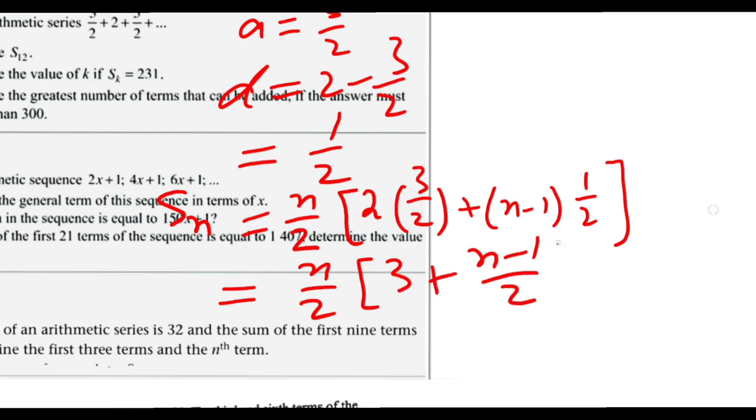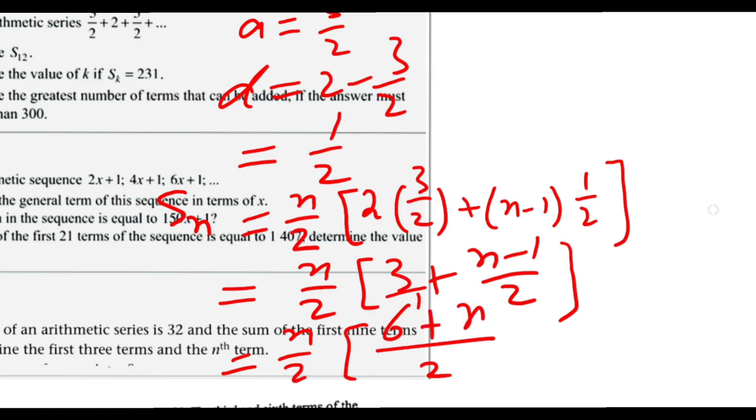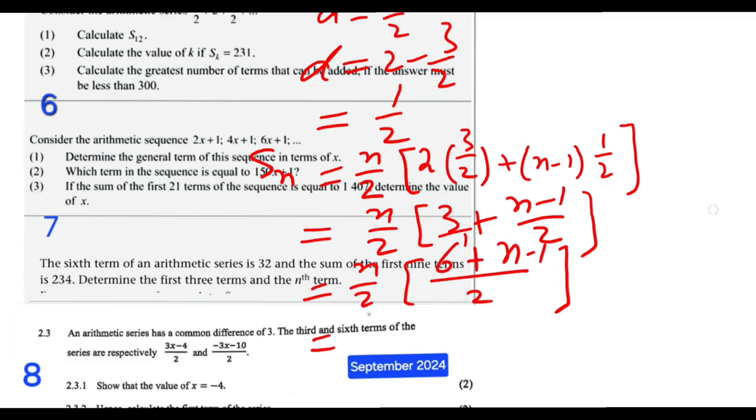We multiply inside. So now we take the LCD. This is going to be 2, and becomes 6 because under is 1 here. 2 times 3 is 6 plus n minus 1. Big bracket close. So I'm going to further simplify. So the n over 2, and I simplify here, becomes (n plus 5)/2, close bracket.